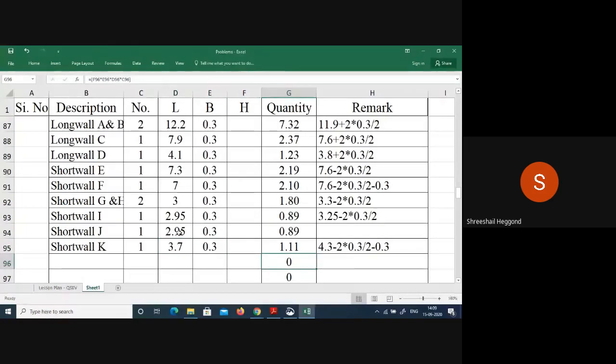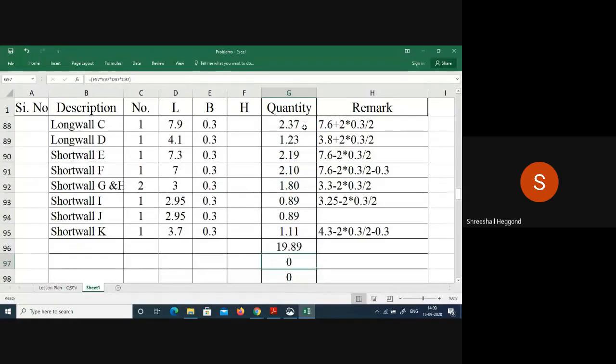Therefore, the total quantity of DPC will be 19.89.